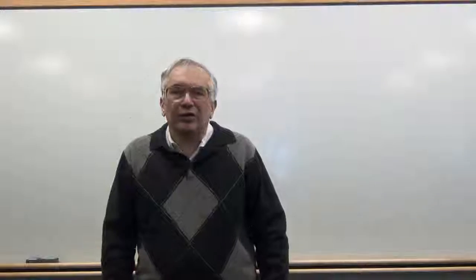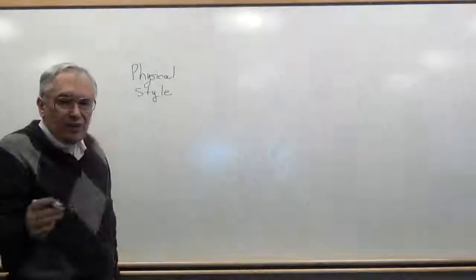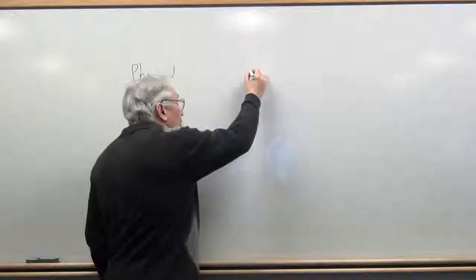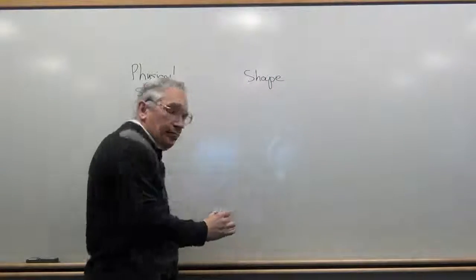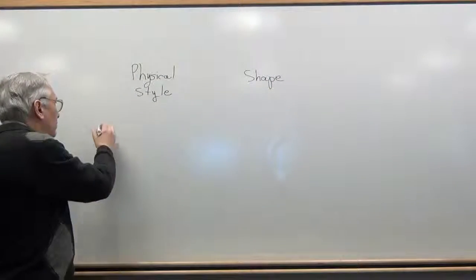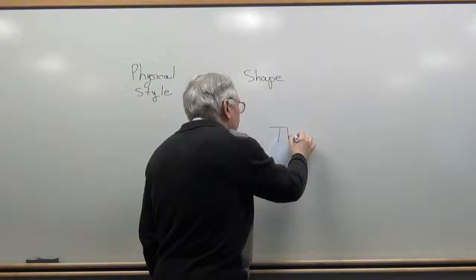Okay, today we are going to discuss features of games. We did this for Puerto Rico, and I used it as an example, and we start off with something called physical style. We start off with something called shape. That's much vaguer. We have something called theme.